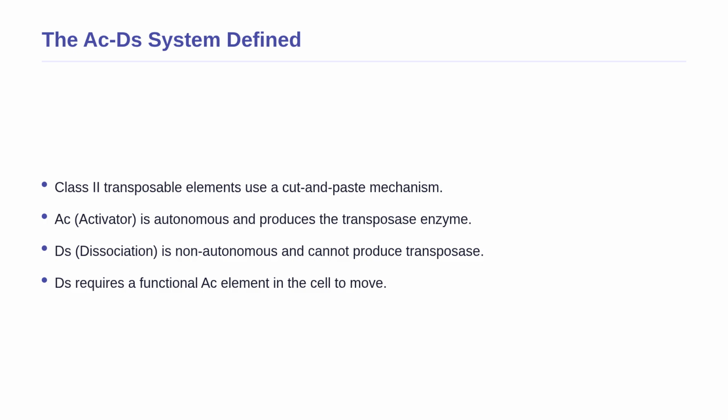It is autonomous because it produces an enzyme called transposase, which does the actual cutting and pasting. The second player is the dissociation, or DS element. It is essentially a broken version of AC and cannot produce its own transposase. Therefore, DS is completely stuck unless a functional AC element is also present in the exact same cell to provide the enzyme.